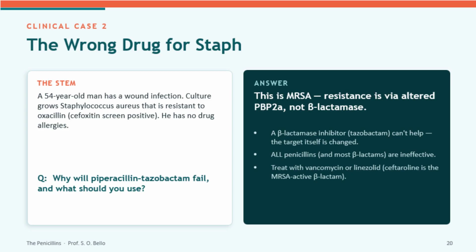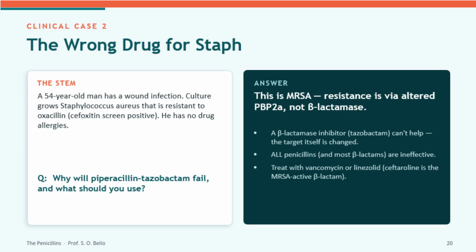Now think back to our resistance slide. MRSA resists not by making an enzyme, but by altering its target, producing PBP2a, which has very low affinity for all beta-lactams. That's the crux, because the problem is an altered target and not a beta-lactamase. Adding the beta-lactamase inhibitor tazobactam achieves nothing. It's solving the wrong problem.